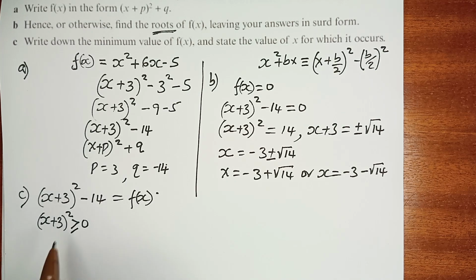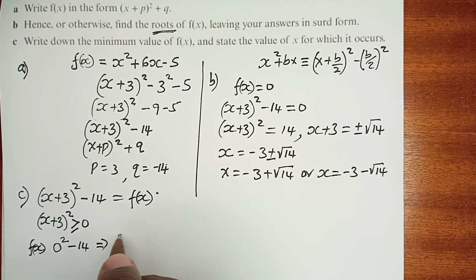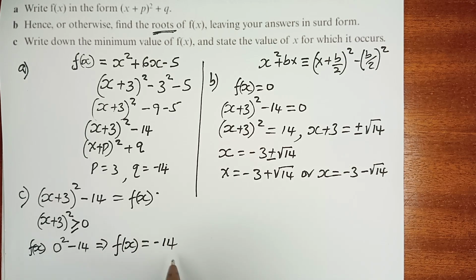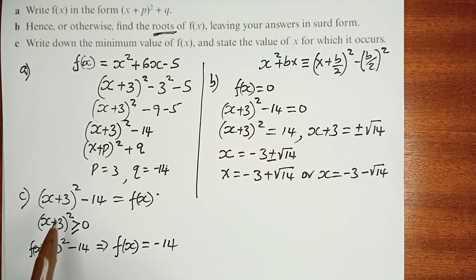It means, therefore, if this part is 0, then 0 squared minus 14 is f(x). And the minimum value of f(x) is equals to negative 14. And for this to take place, we need to understand that it is this bracket that is squared that has to be 0.